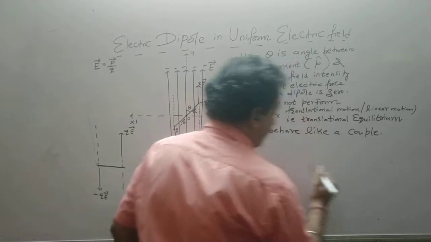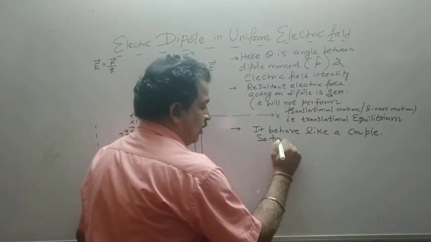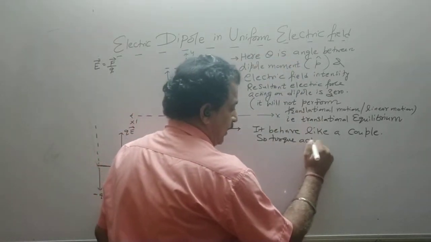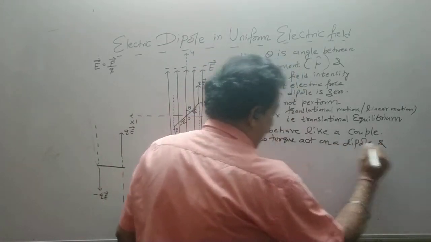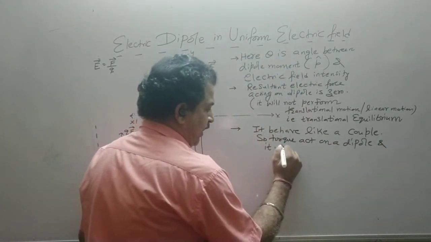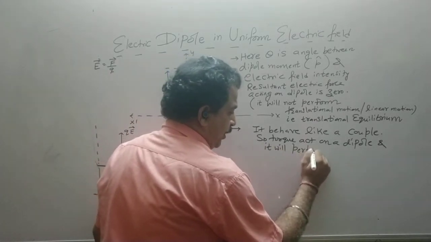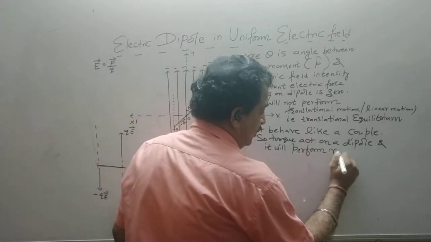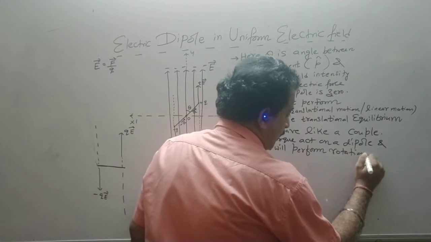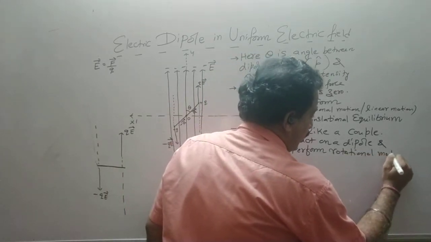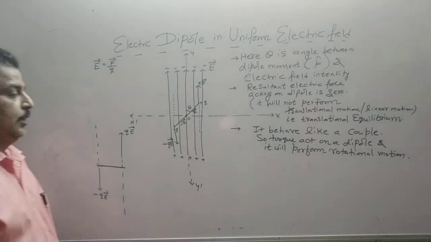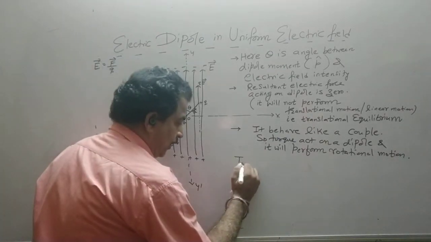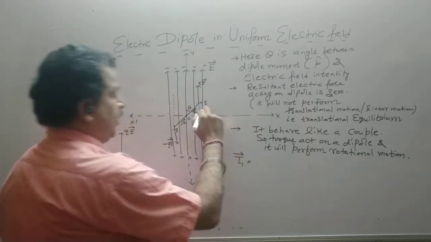So it behaves like a couple. So torque acts on a dipole and it will perform rotational motion. Now the torque acting on one charge, say the plus q charge.